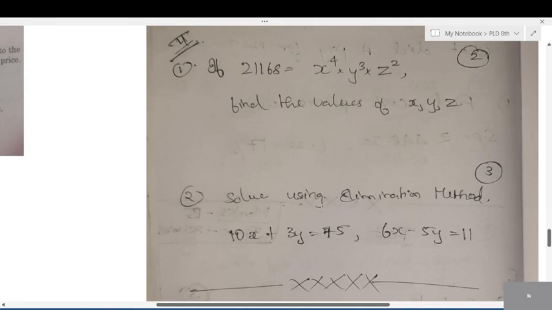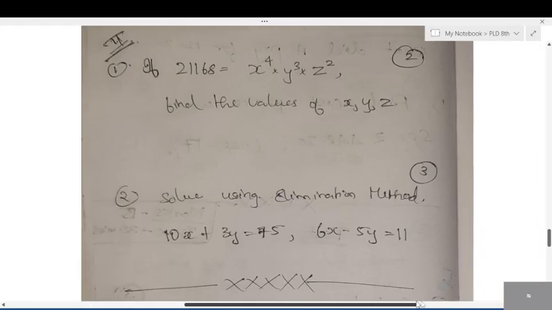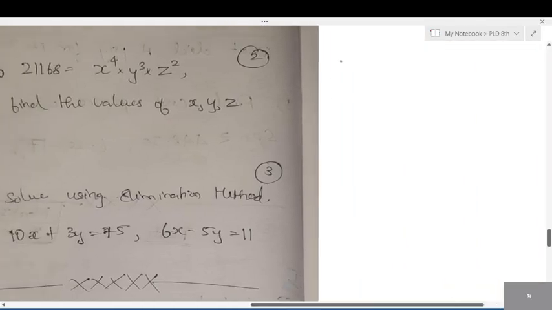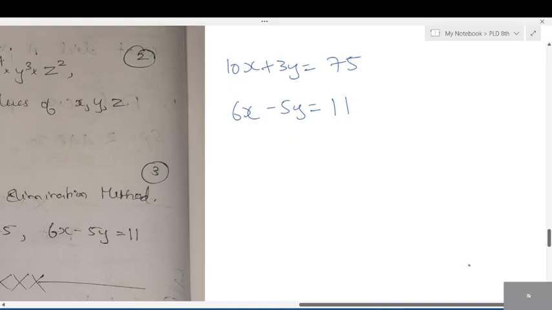Okay, this question, elimination method, students. You'll remember how to solve the elimination method? Look at the next: 7x plus 3y is equal to 75, 6x minus 5y is equal to 11. Constants should be on the right side, variables on the left-hand side, in order, x first, then y.